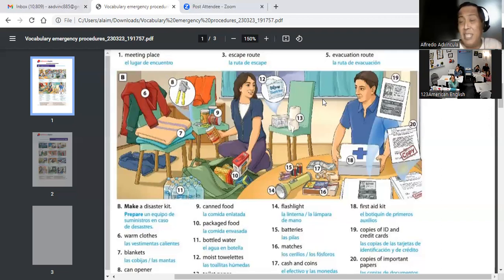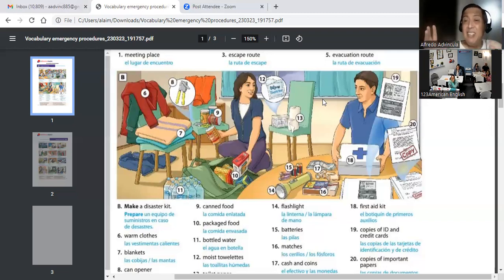So this is almost at the top of the list, guys, of things to have: that flashlight, certainly more than one, with enough batteries. Very important.